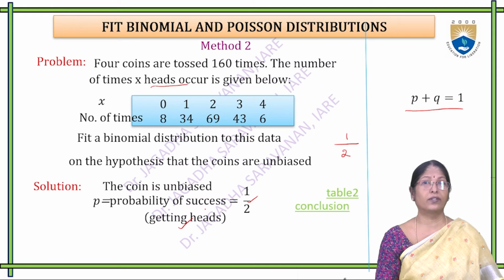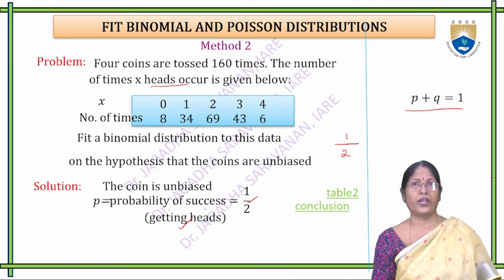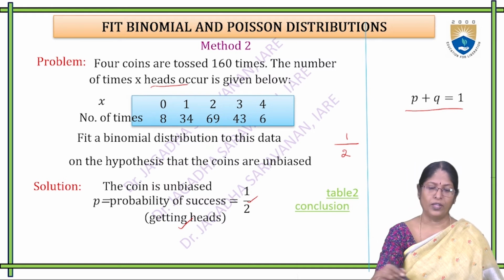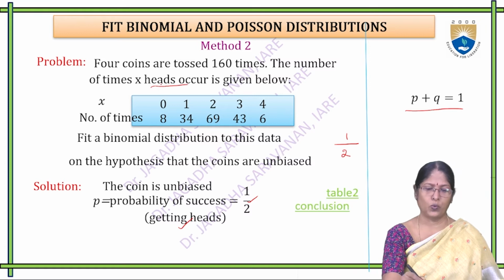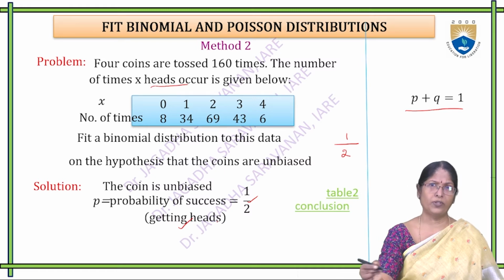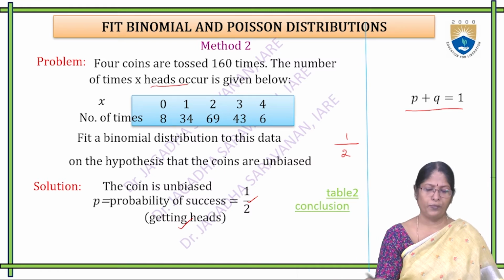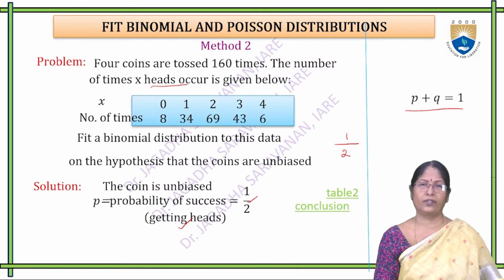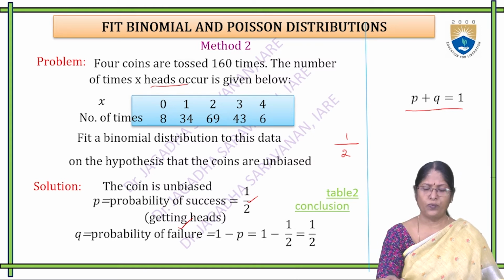Getting heads, why is it written? Why is it not written tail? Because the question is about heads. That is the condition we have written, getting heads. Suppose in our problem tail is there, we would be writing getting tails. Now q, it's very easy.